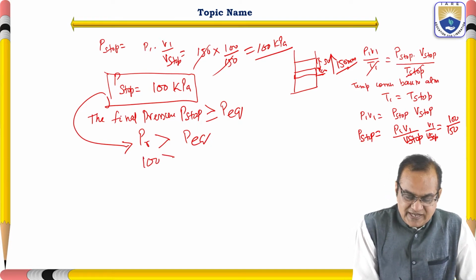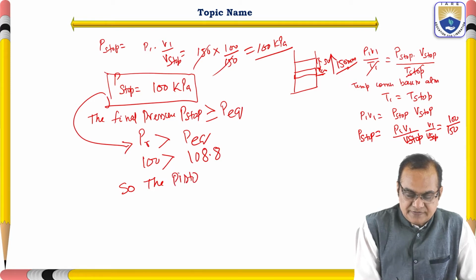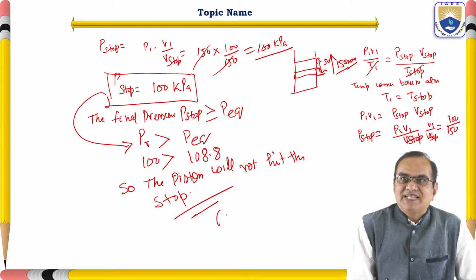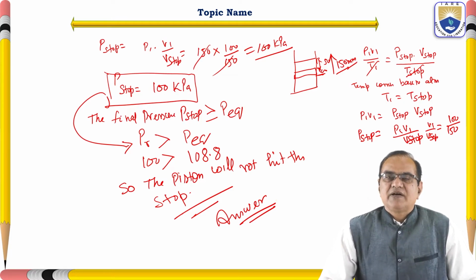We got 100, and 100 is less than the 108.8. So the piston will not hit the stop. So that is the answer.